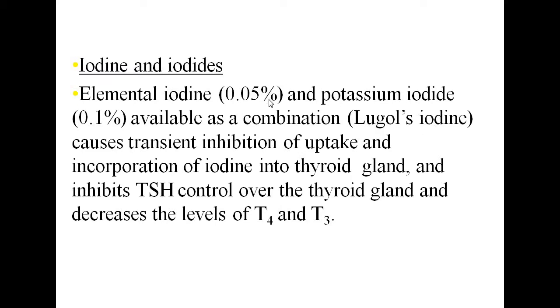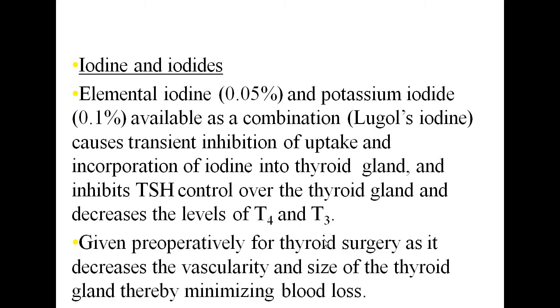Now when excess iodine is given in a hyperthyroid state, there is a transient inhibition of iodine uptake by the thyroid gland, and it inhibits TSH control over the thyroid gland, thus decreasing the levels of T4 and T3. It also causes the gland to shrink in size, become less vascular and more firm.